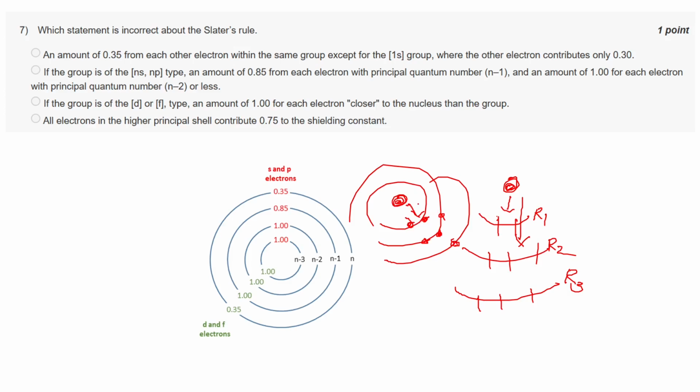So the attraction is lesser, and the power of the nucleus felt by these electrons is less. That is the effective nuclear charge. Even though the nucleus has, say for example, a power of 6 plus, this electron might not feel all of that 6 plus, because some of it is neutralized by the negative charge of these two electrons. That is called shielding. So these electrons might be feeling maybe 3 plus or 4 plus, depending upon how many electrons are there.